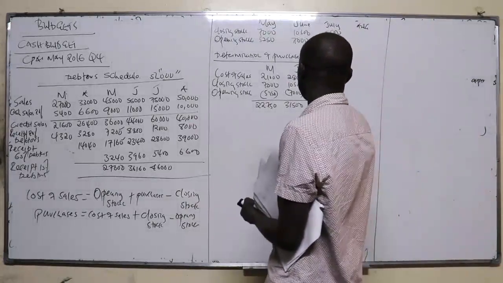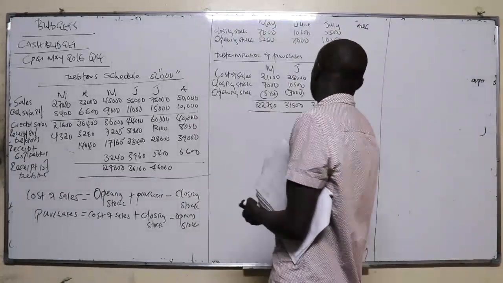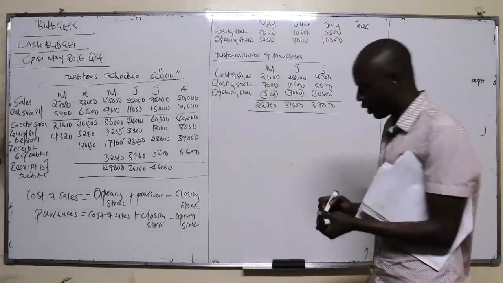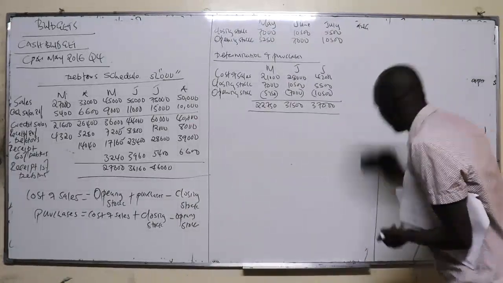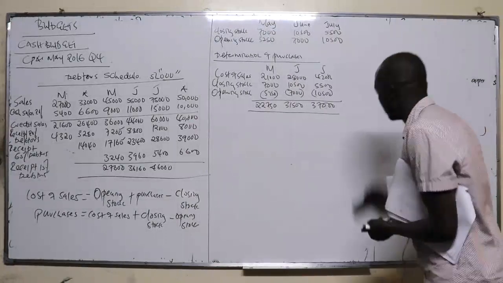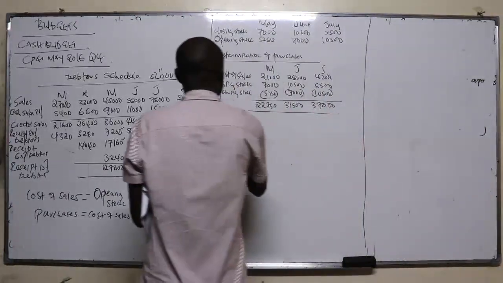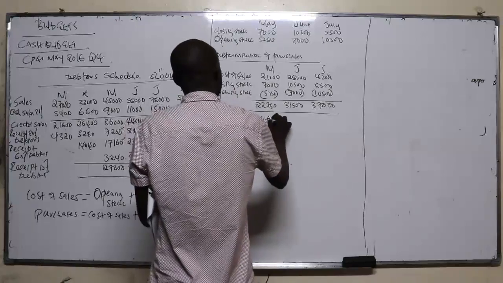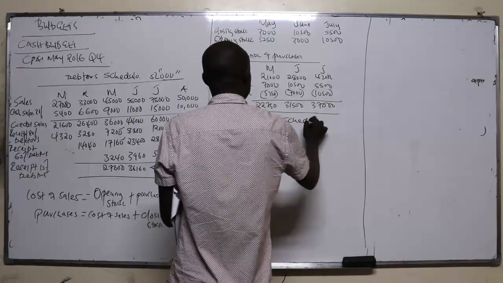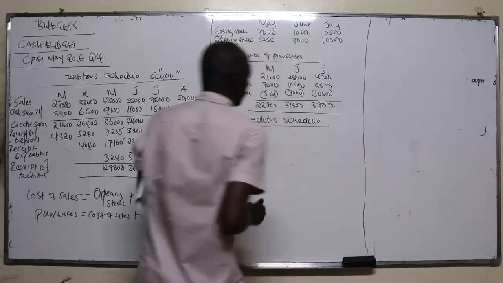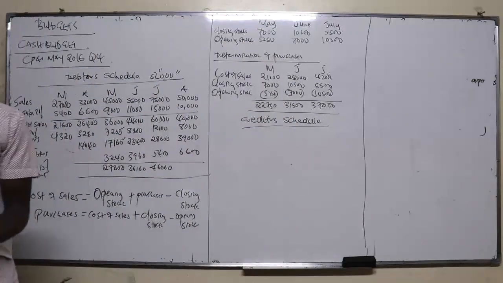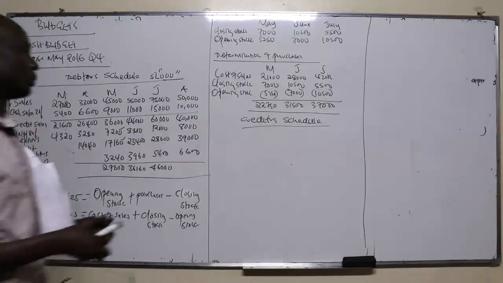So these purchases are all on credit basis. So we determine how they are going to be paid. So we write here creditors schedule. So we determine how the purchases are going to be paid.